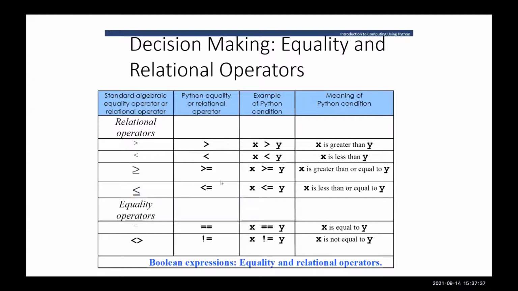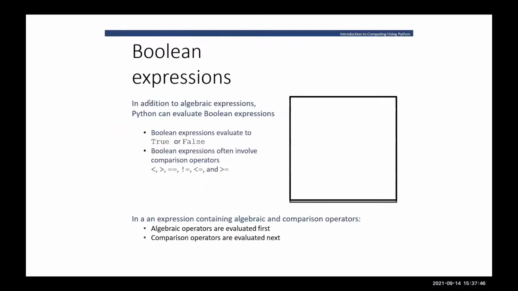All right. Is that clear for you guys? Yes. Can you see my screen? Yes. Okay, so the Boolean expression will evaluate to something called true or false. So 2 less than 3, this will give you what?